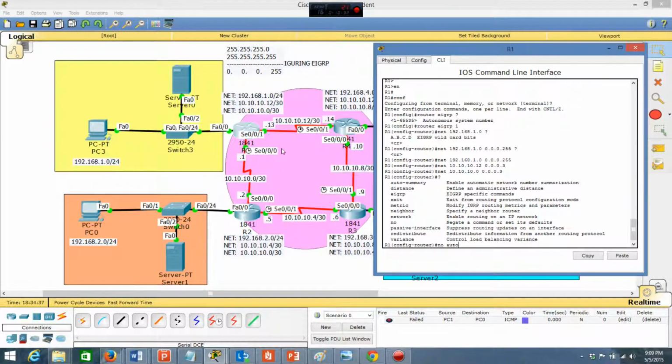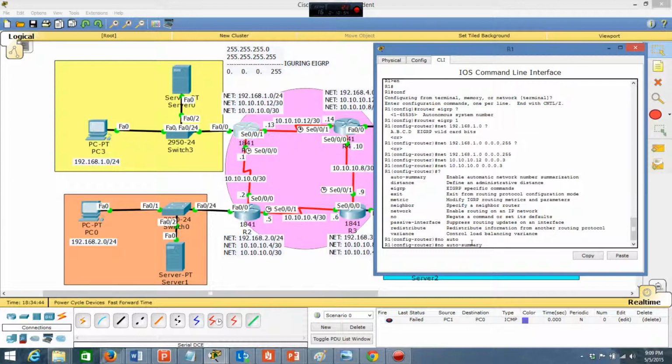If you have VLSM IP addressing, you wouldn't want a couple of routes auto summarized, because if that happens, there wouldn't be adjacency formed with other networks, and we wouldn't have routing to those networks. So we want to disable auto summary. So we want to do no auto-summary.